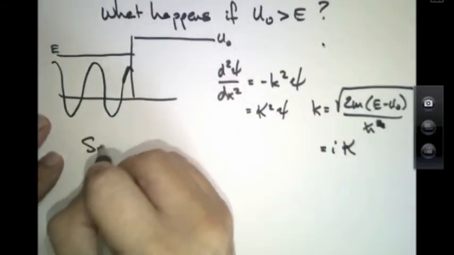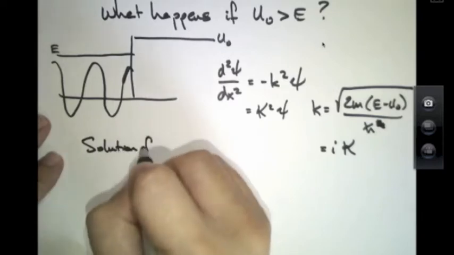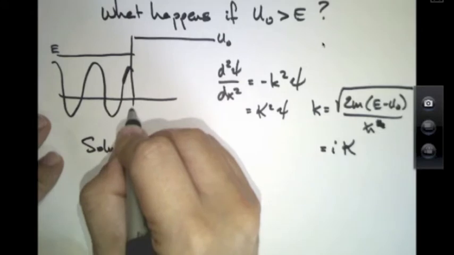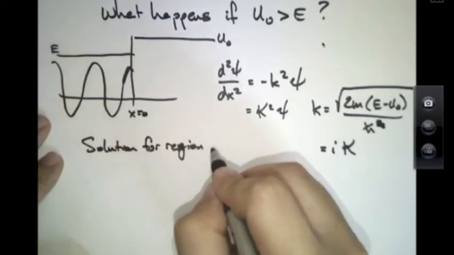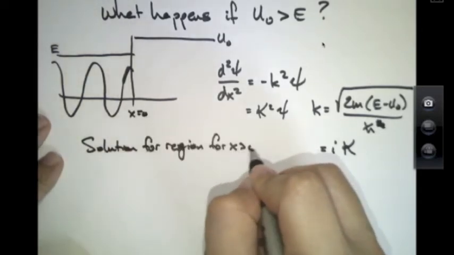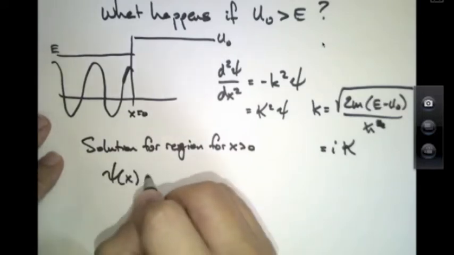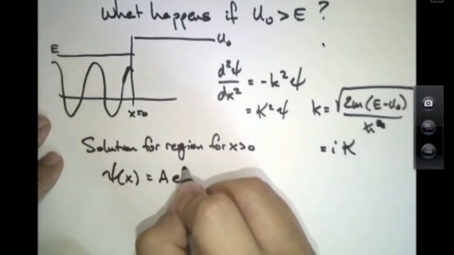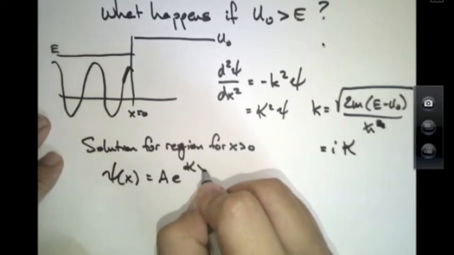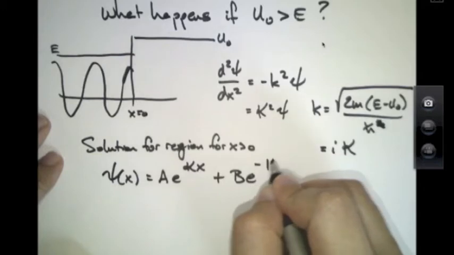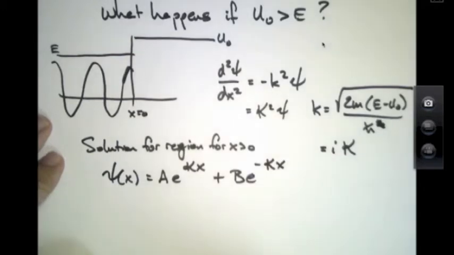So the solution, if this is x equals 0, is going to look something like a superposition of exponentials.